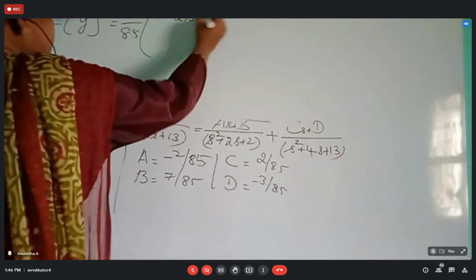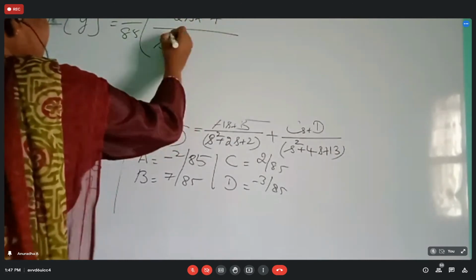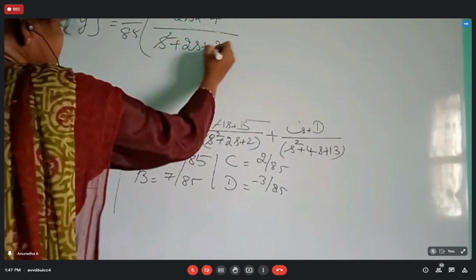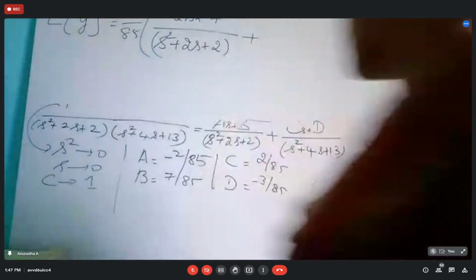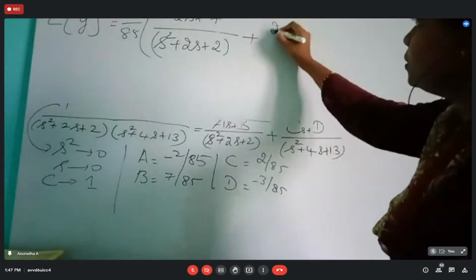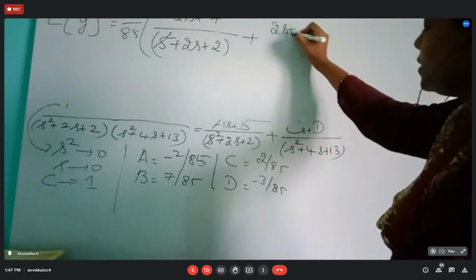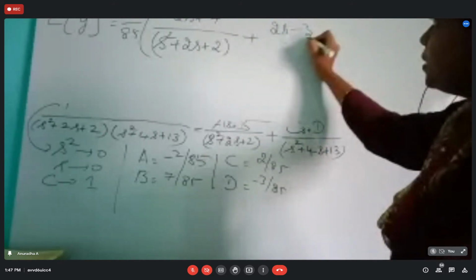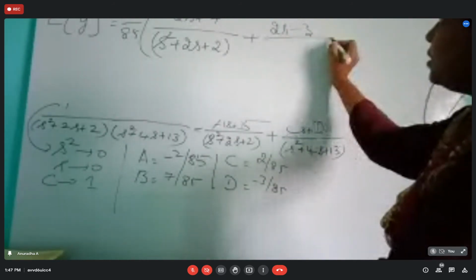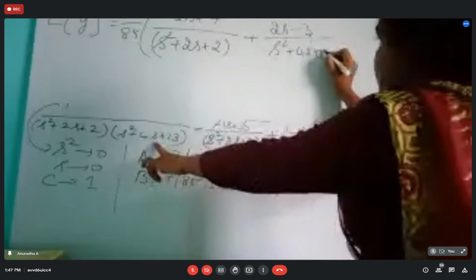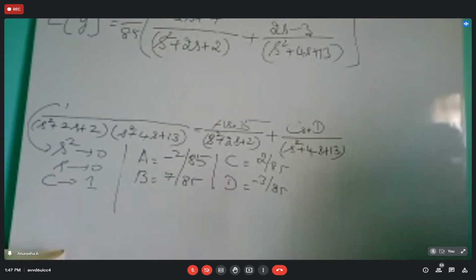Minus 2s plus 7 by s square plus 2s plus 2, plus cs plus d, where c is again 2s, minus 5, 4s plus 30. So now we have segregated everything.